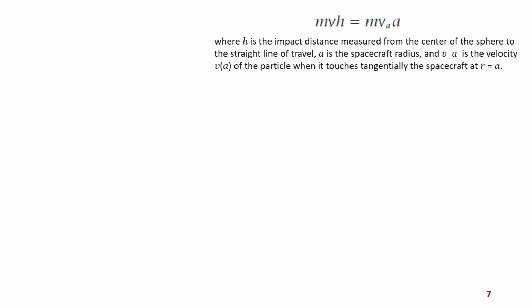So, what is h here? h is called the impact distance, and it is measured from the center of the sphere to the straight line of travel, and a is the spacecraft radius, and this is v a, the velocity of the particle when it touches tangentially the spacecraft at r equal to a.